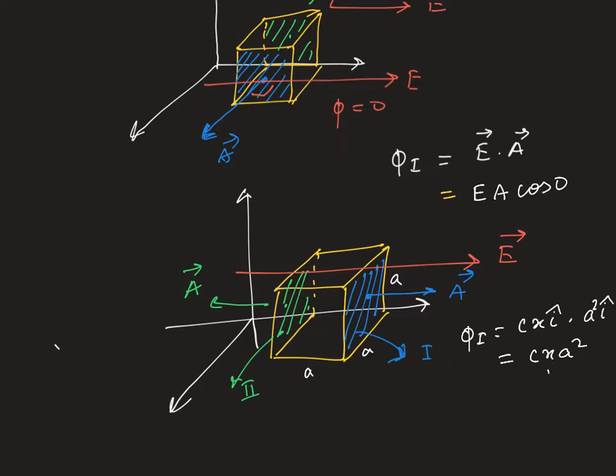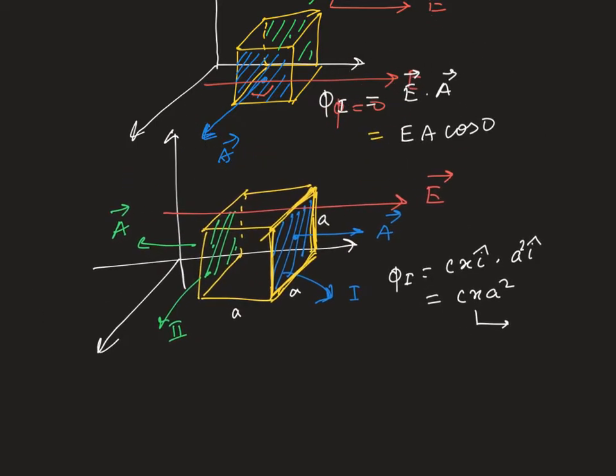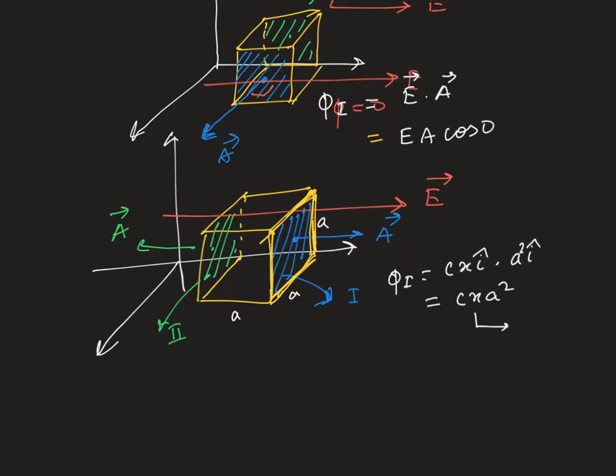Now what is the value of x here? So let me mark the face in yellow. What is the value of x here? Do you remember the coordinates when we were discussing the coordinates? Okay, so let me show this here. Let's mark the coordinates. This point was 2a comma 0 comma 0.